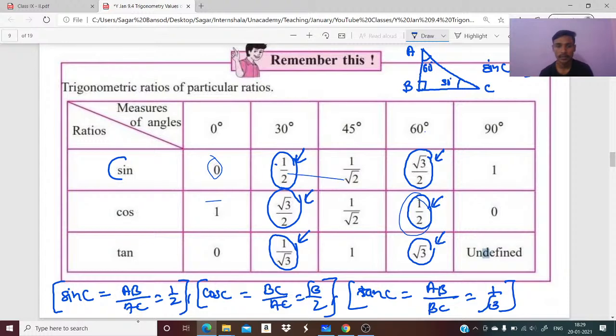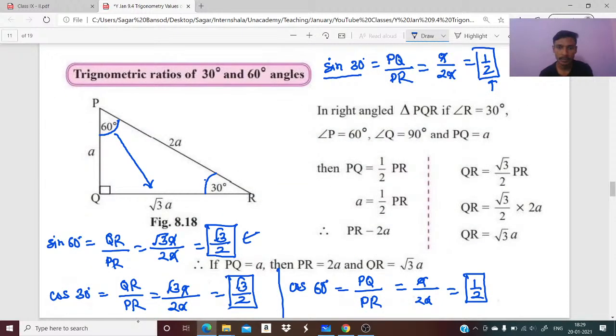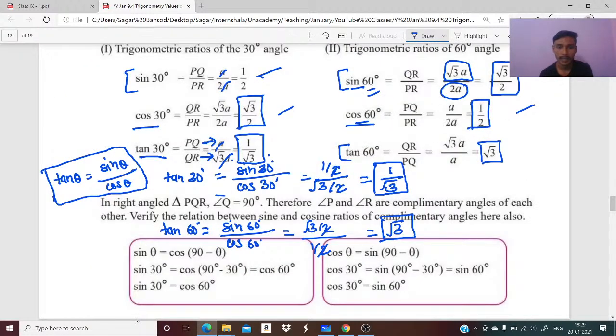You can recheck and verify whether the values given here in the table and the values we obtained in this slide and in this slide are the same or not. At the end you will see that they are the same.